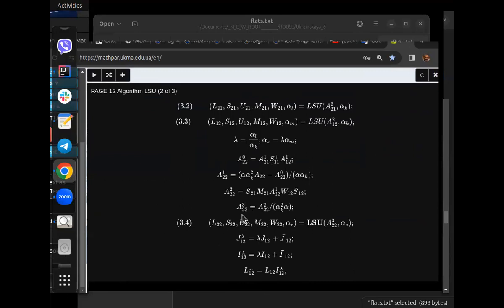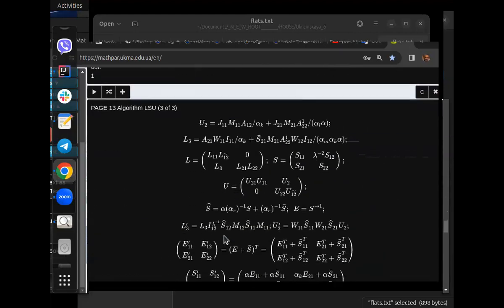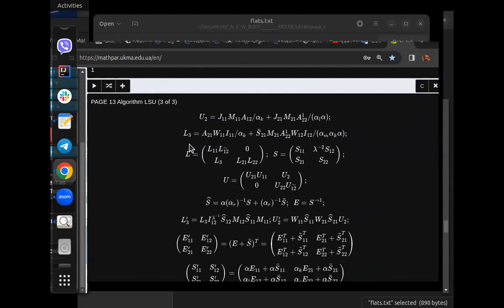As a result, we obtain matrix A22,3, and we do the fourth recursive step with matrix A22,3. This is the decomposition. And using this block, we obtain the new blocks. And this is the final result.